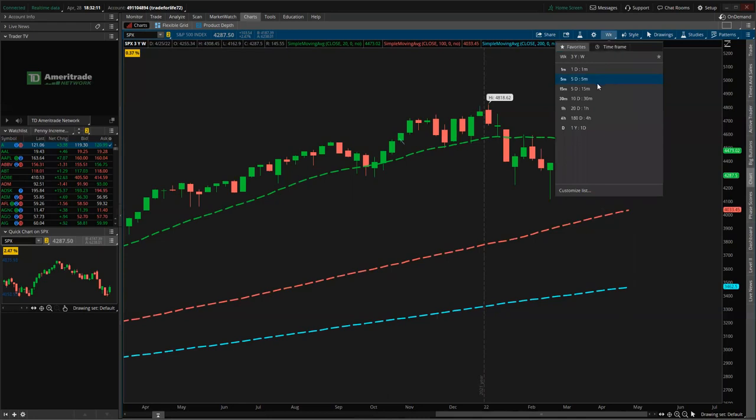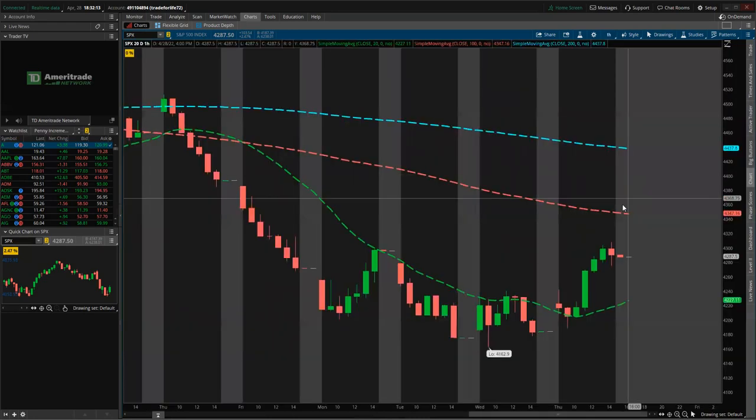If we look at the 1 hour, we have this 20 moving average, the 100 moving average, and this 200 moving average. So 1 hour is 60 minutes. But how many hours do we have in a trading day?